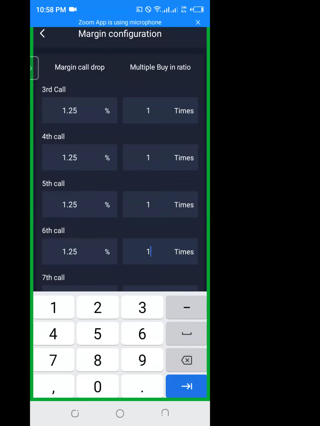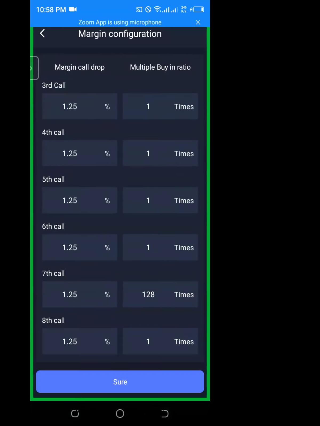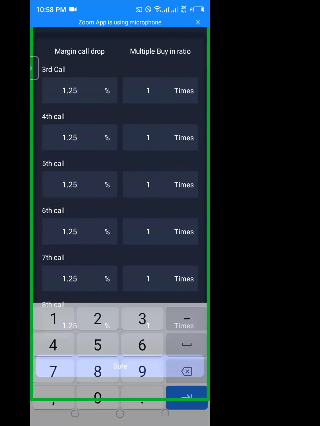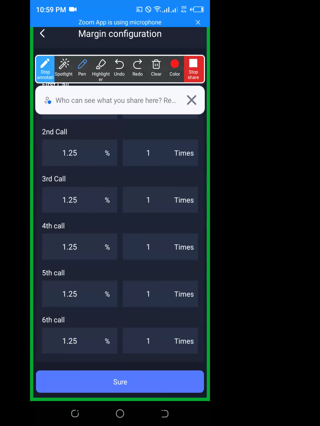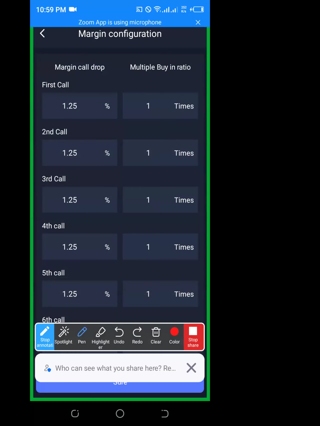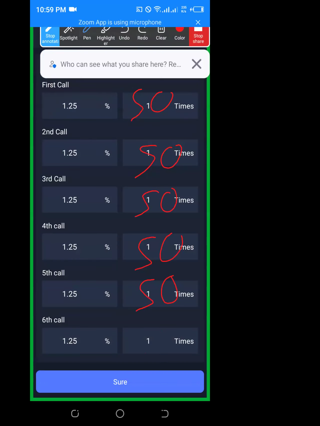Here I'll put 1, okay? So it means that in each and every margin call, the robot will be investing $50 one time, $50 one time. In each and every margin call, the robot will be investing $50 whenever the market is going down.